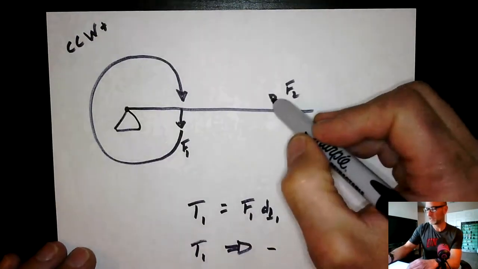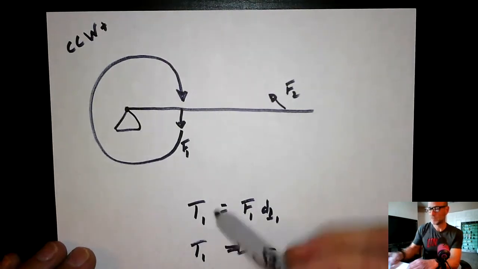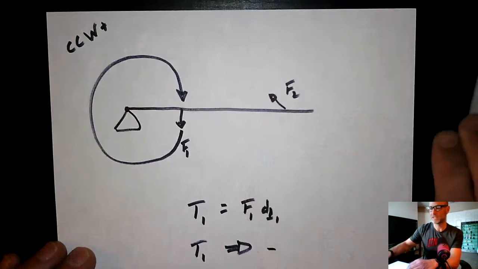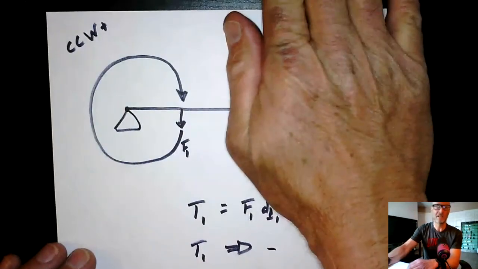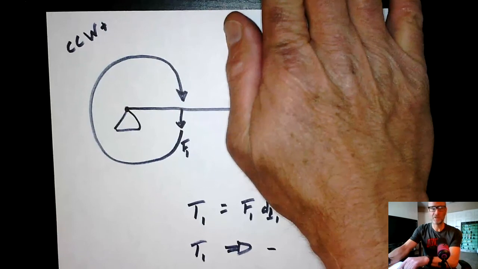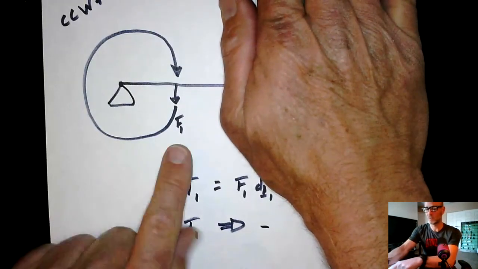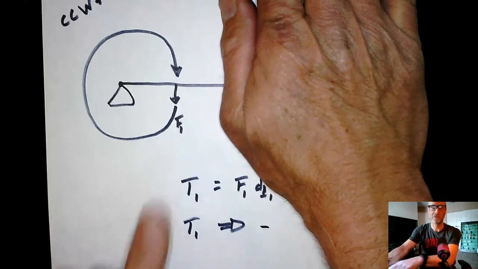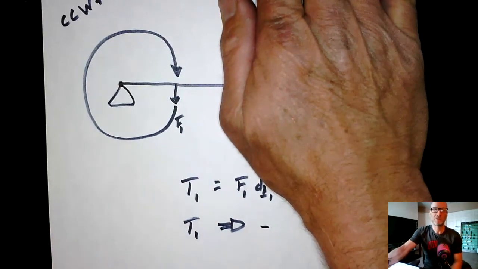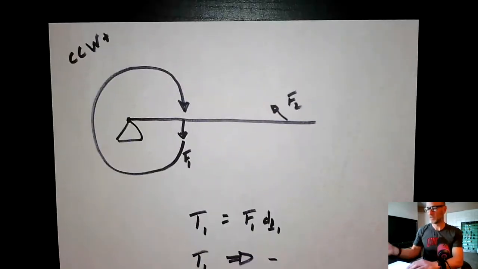Okay, now let's look at F2. We did that direction for this torque based only on this force acting on the axis of rotation. I did not concern myself with this force. We don't know which way this object is going to rotate yet. All we need to concern ourselves with to determine this torque is this force and which way that would cause rotation if that were the only force acting on the object.